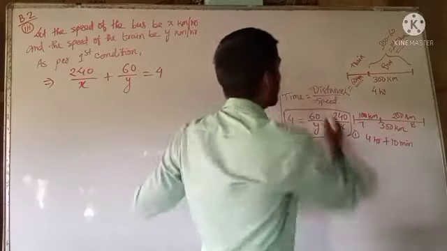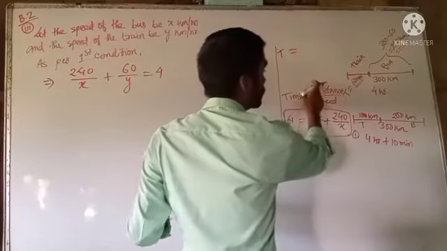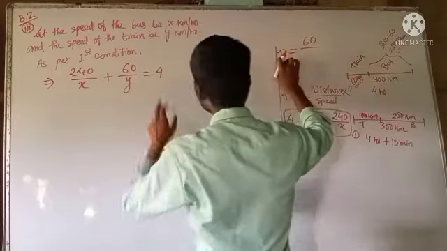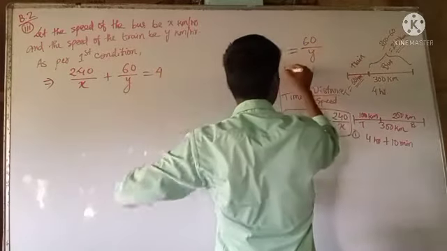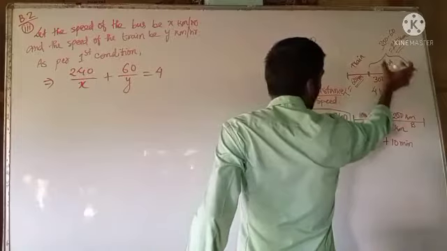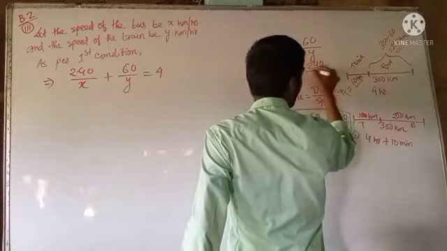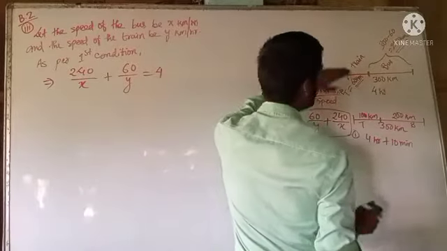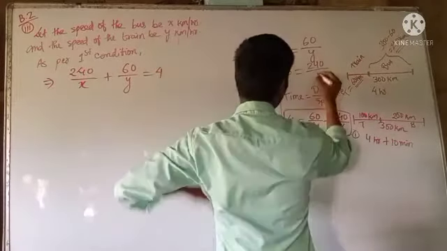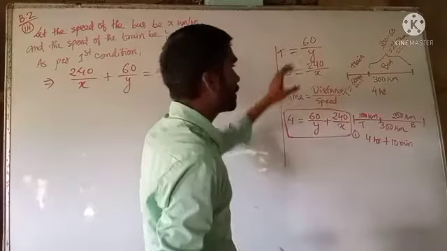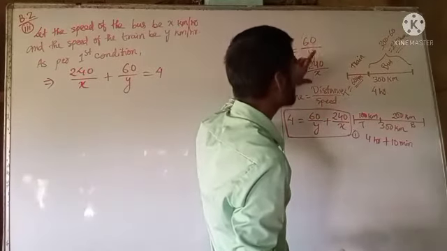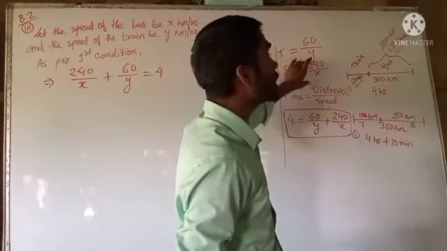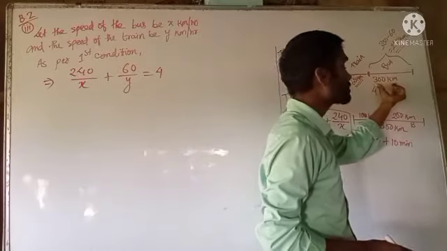The distance by speed for the train, the distance is 60 km and the speed of the train is y kilometer per hour, and for the bus the distance is 240 km, and the speed of the bus is x kilometer per hour. So x. Now if we are adding the distances that they are covering, both train and bus, then we will get the total distance, that is 300 km.